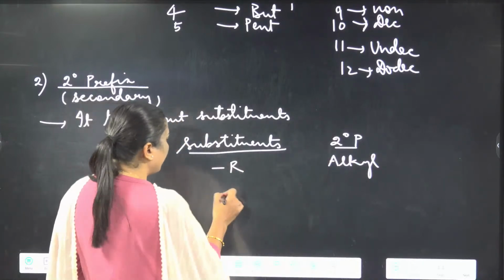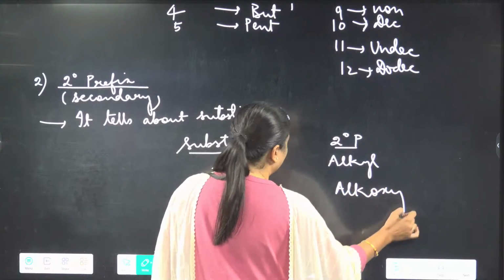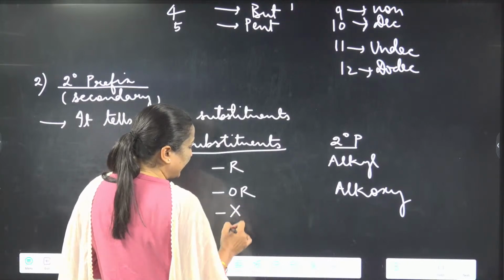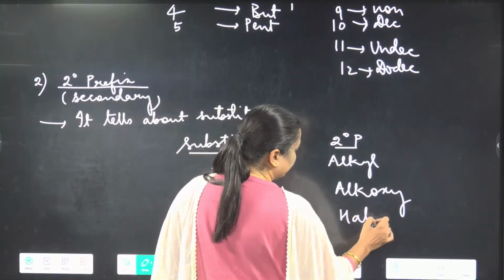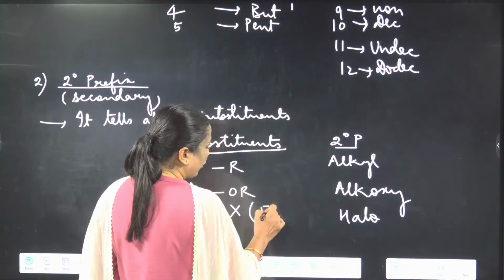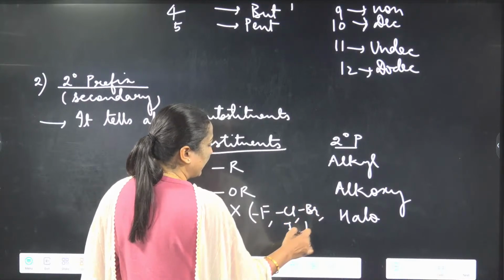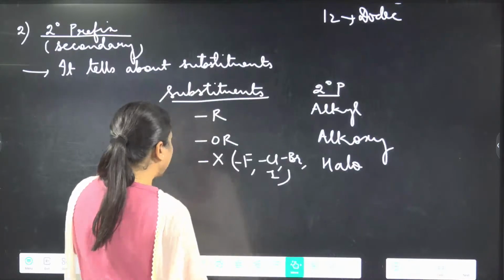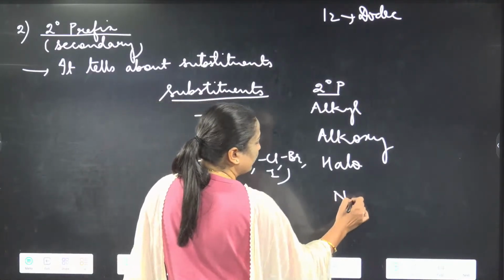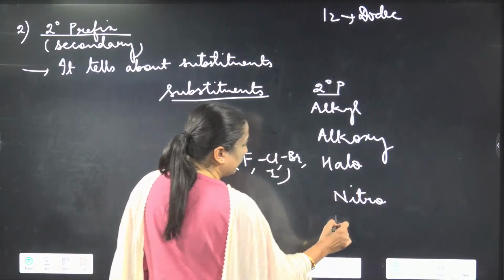OR is going to be alkoxy, it is alk and oxy, right? Then you are having X, which is halo, like fluoro, chloro, bromo, iodo. They always act as substituents only. NO2 is nitro, and NO is nitroso.